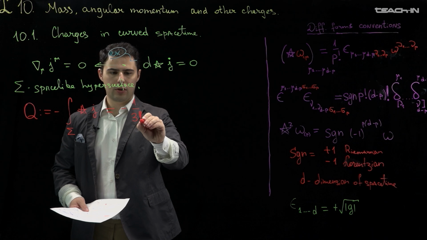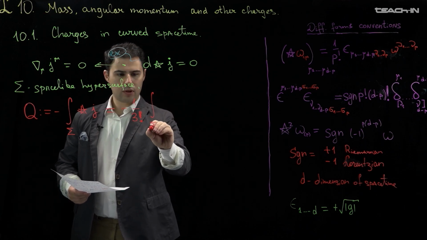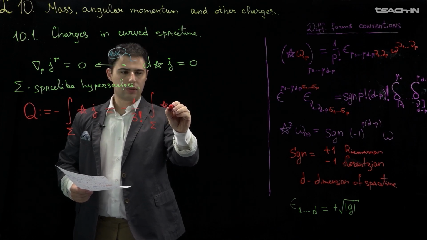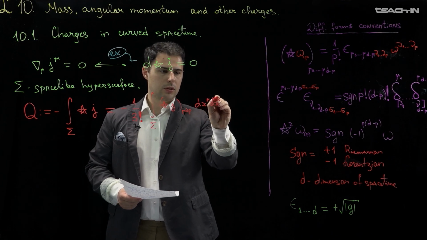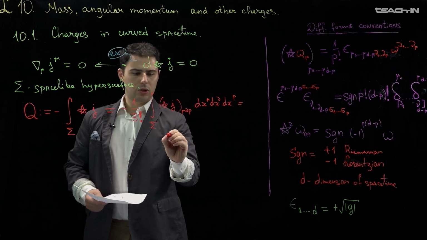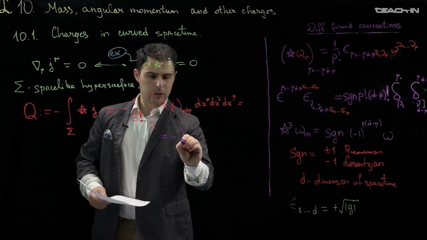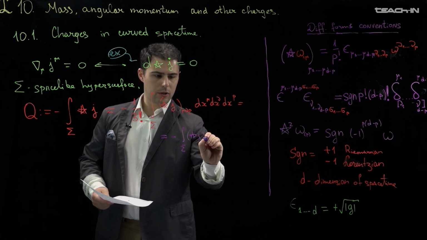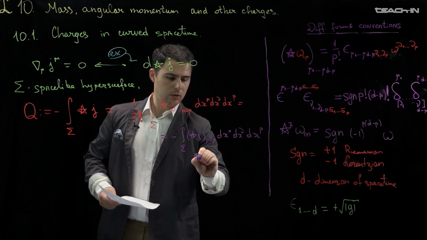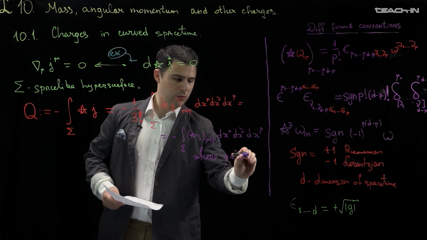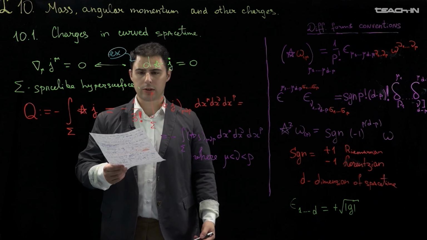So we have the 3 factorial from the differential form times the integral over sigma of star J mu nu rho dx mu dx nu dx rho, which equals minus the integral over sigma of star J mu nu rho dx mu dx nu dx rho, where mu less than nu less than rho, because here there are 3 factorial repetitions, and by picking mu less than nu less than rho, we cancel the 3 factorial factor.